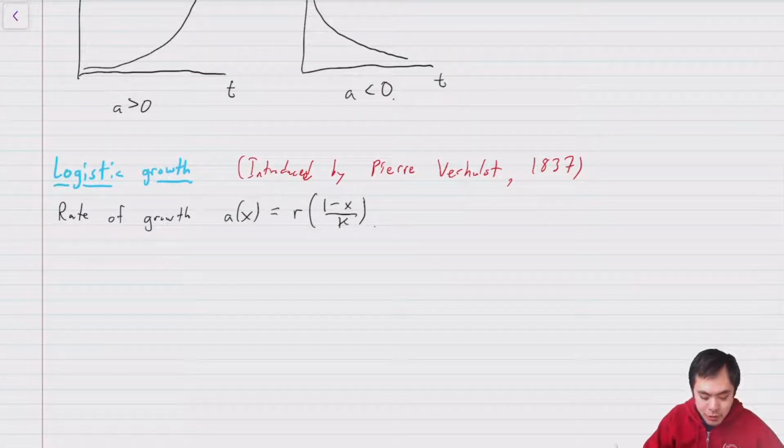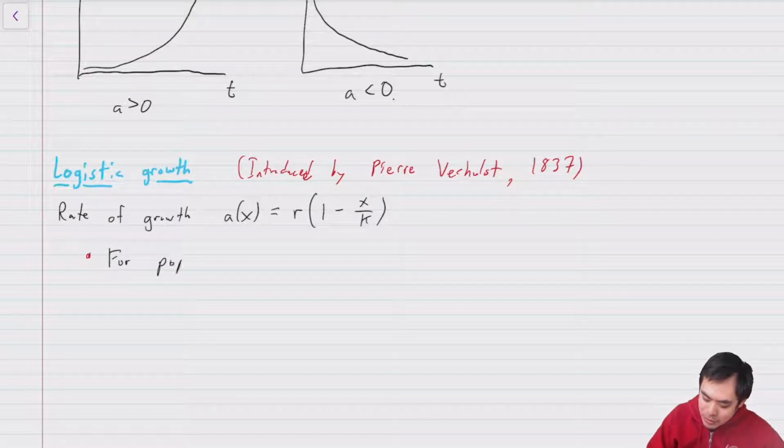So this means that for population sizes bigger than... I seem to have, that's a mistake, sorry, I put the fraction wrong. So 1 minus x over k.